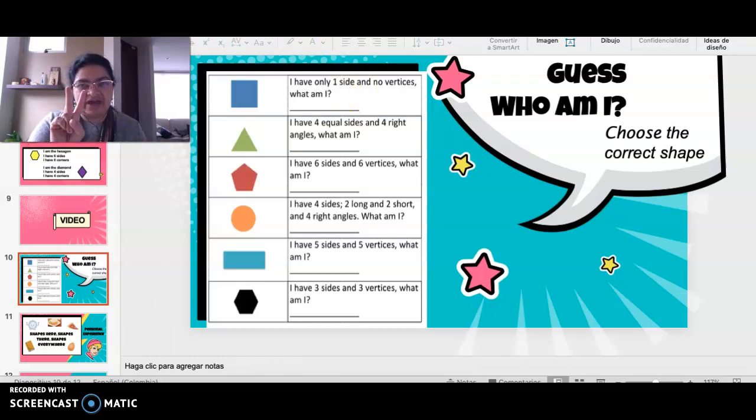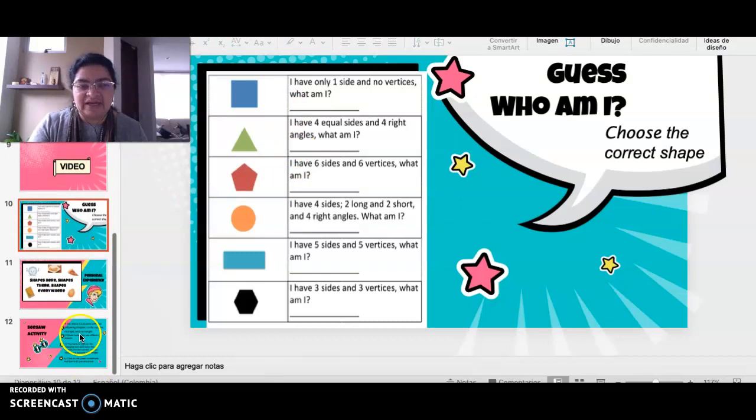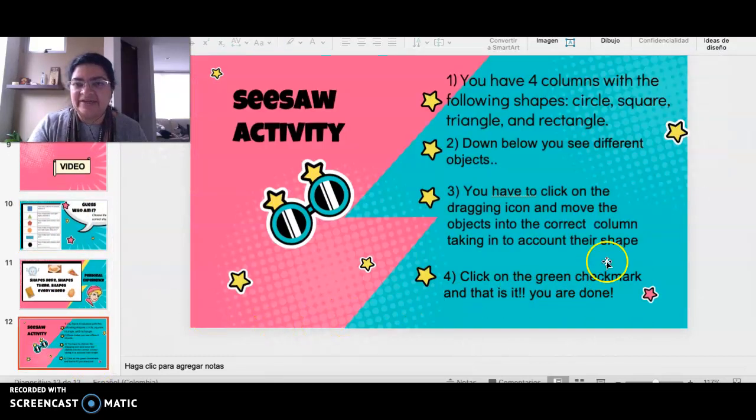So you have two activities in Seesaw. This one that I am showing you right now, that you have to copy in your notebooks, draw, take a picture and upload in Seesaw, and the one at the end of the class. This already appears in Seesaw. Okay, see you. Bye.